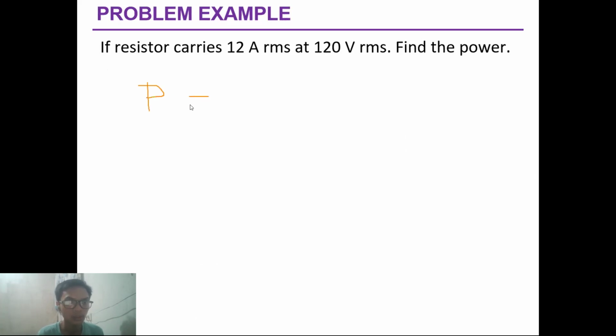P is equal to the product of V, the volts, and the current amplitude. Let's substitute the given values. We have 120 volts multiplied by the current, which is 12 ampere.